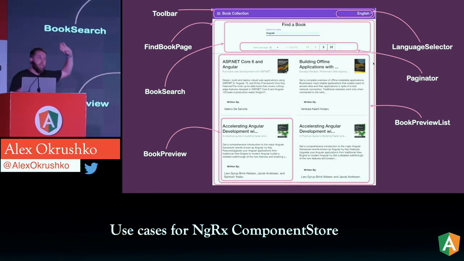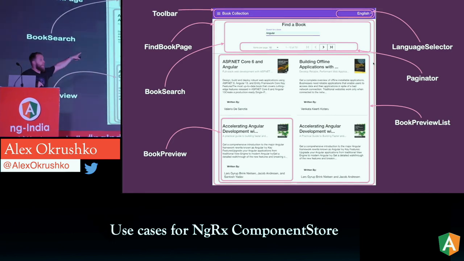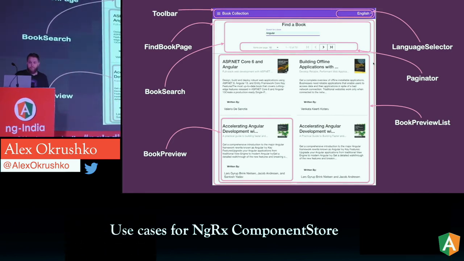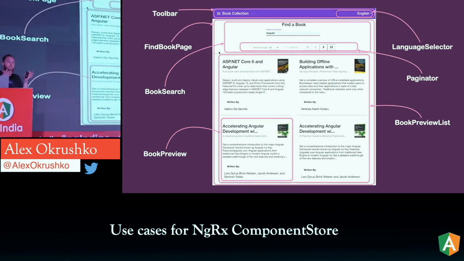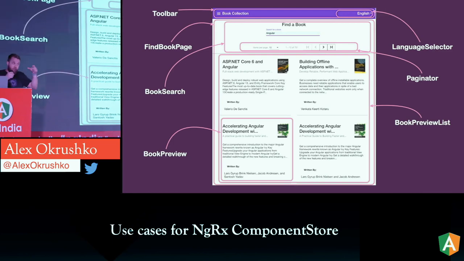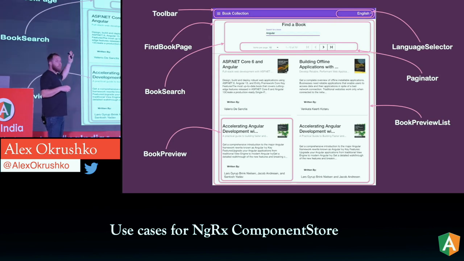It's independent, a larger component, and it has the language selector as part of it. Then you have the main page, the find book page, which in itself has the book search, the area where we type and search for something, and it also has the paginator itself.